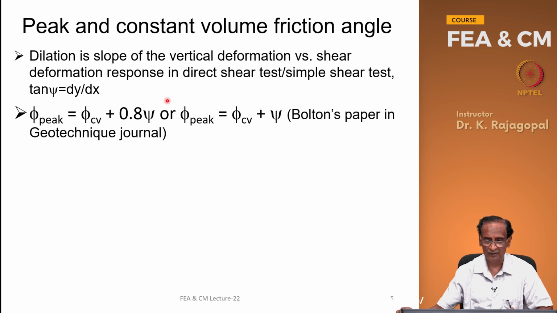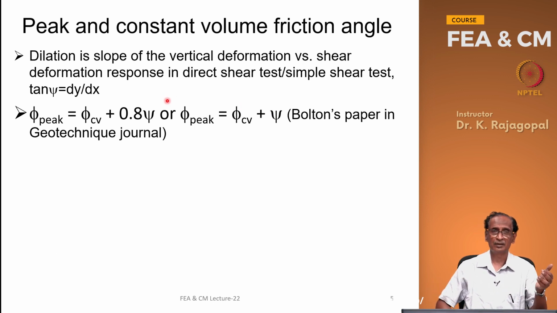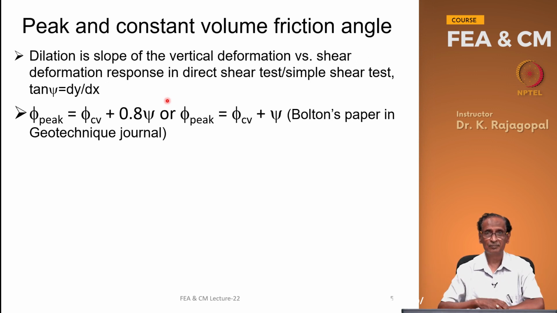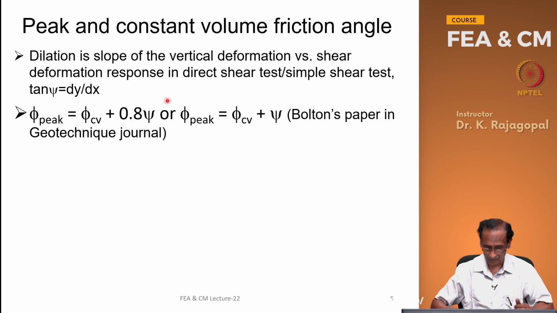So, actually this is from one of the classical papers on soil dilatancy that was published by Professor Bolton long time back, and there he has described the soil dilation and its relation to the gradation, and then the particle shape and so on.